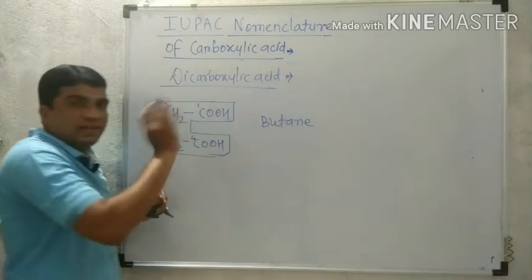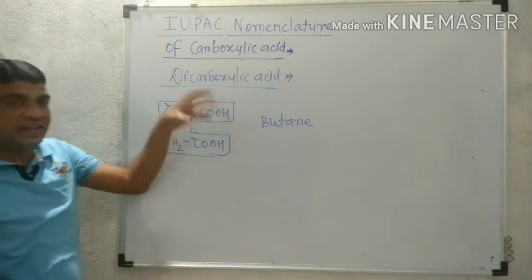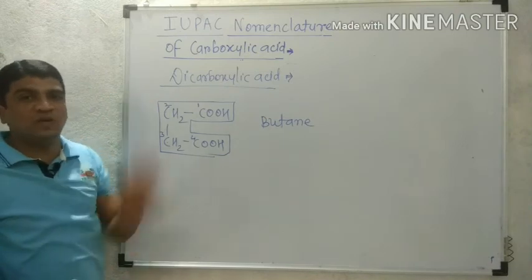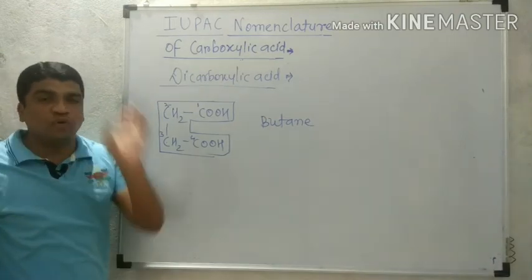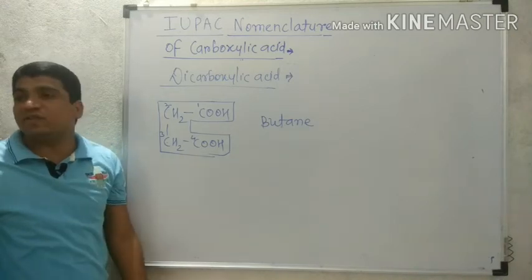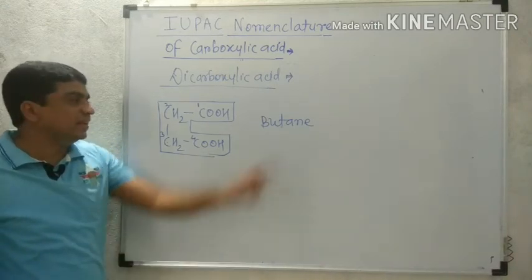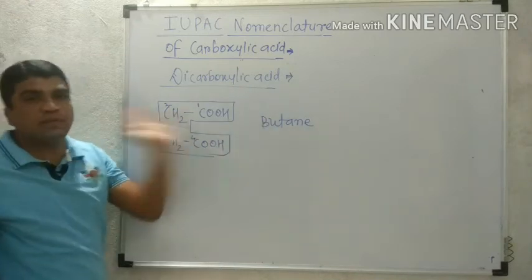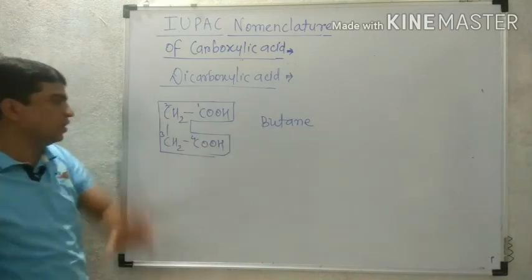No need to replace the ending E. The ending E remains retained in the structure, not like the monocarboxylic acid. In the case of monocarboxylic acid, the ending E is replaced by OIC acid. In the case of di or tricarboxylic acid, the ending E of the alkane is retained in the structure. Here there are 4 carbons, therefore write the complete name of the alkane, that is butane.